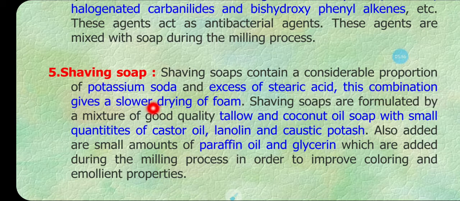This combination gives slower drying of the foam. Shaving soaps are formulated from a mixture of good quality tallow and coconut oil, with a small quantity of castor oil, linolenic acid, and caustic potash. A small amount of paraffin oil and glycerin is also added to maintain moisture conditioning, added during the milling process to improve the coloring and emollient property of the soap.